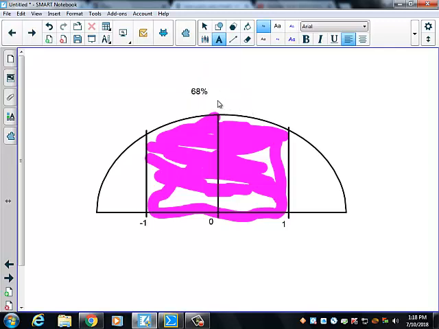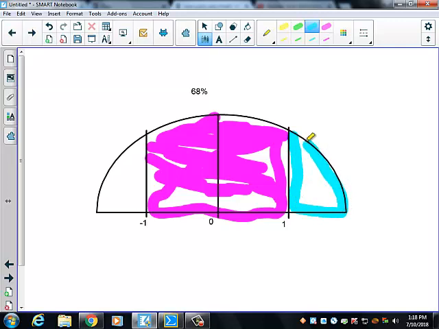All right? So what I need you to realize is that if this area in the middle is 68%, then the area on the outside, which would be this area here, the area here, this area, and this area, collectively, these two pieces would have to be 32%.